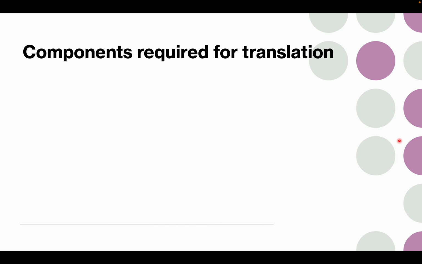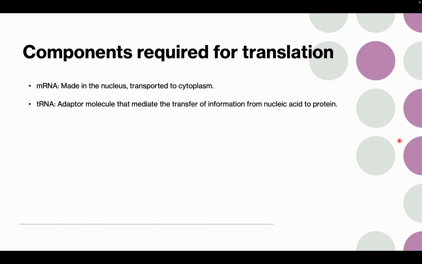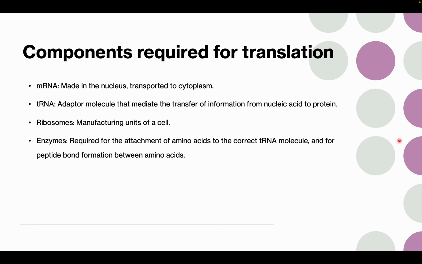So what are the components required for translation? As we talked in the previous video as well, the mRNA, which is made in the nucleus and then transported to the cytoplasm; the tRNA molecule that transfers the amino acids to the ribosome and also decodes the information present in the mRNA; and obviously ribosomes, which are the manufacturers of proteins.